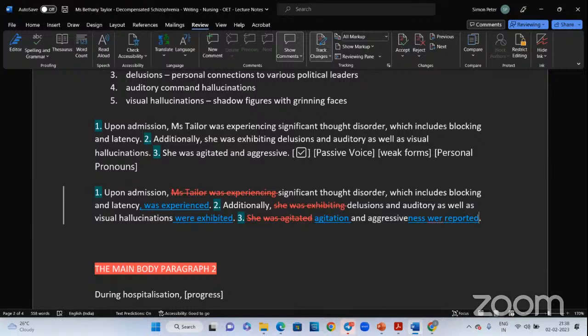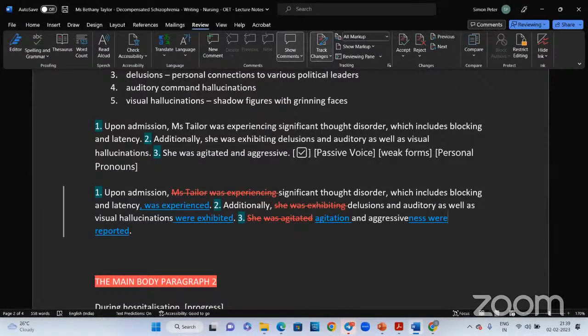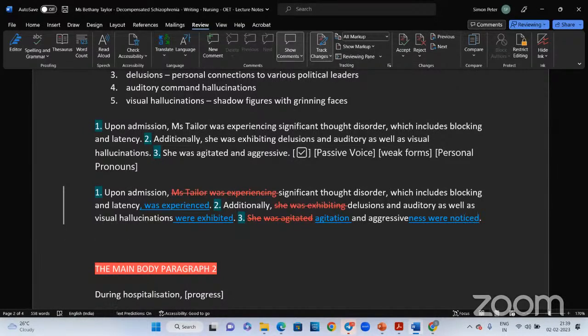Finished. She self-admitted, that means she was able to tell it. So she reported. Finished. Were reported, or were informed, or were noticed. Finished. This is the way how you have to write.